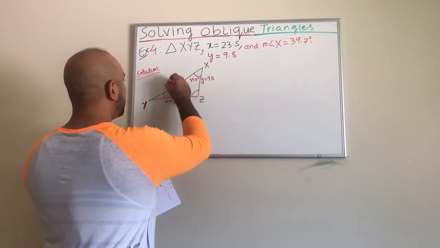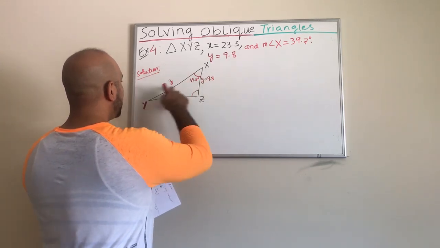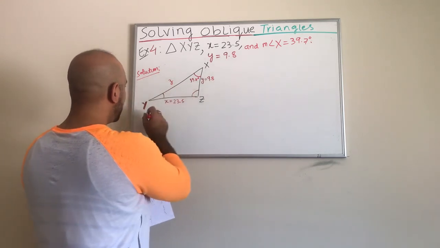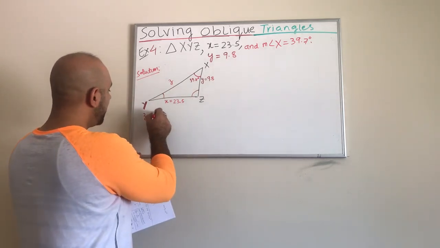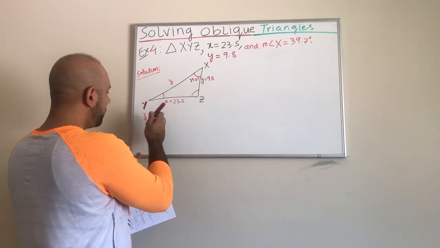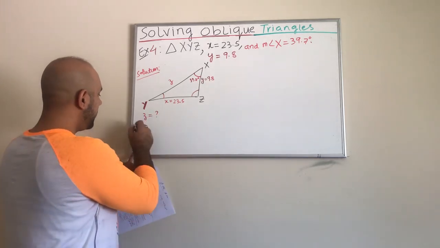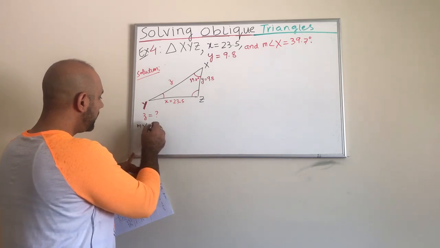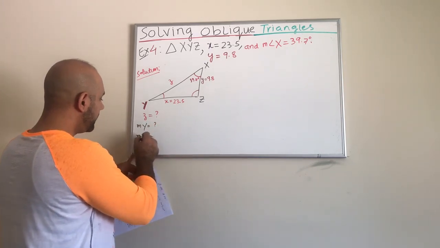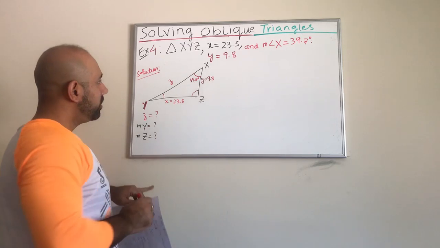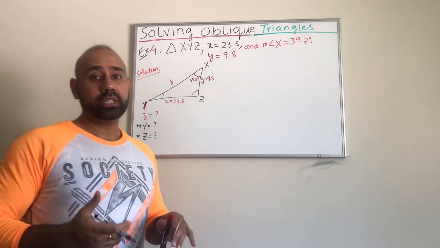What we have to figure out is the length of z, and then these two angles, the measure of angle Y and also the measure of angle Z. In order to do that, we are using the sine law.